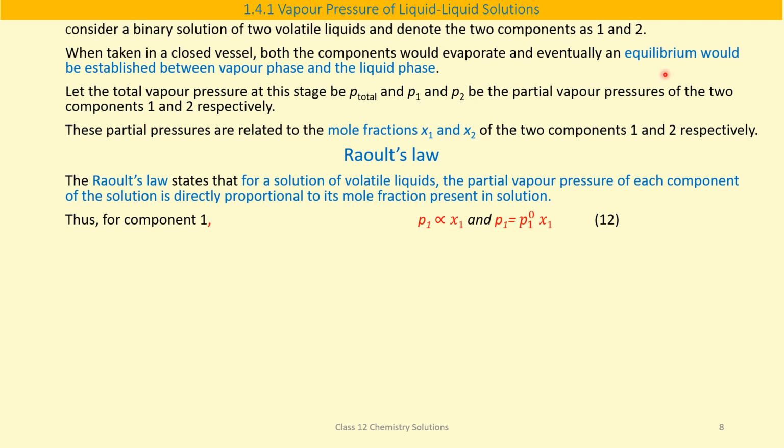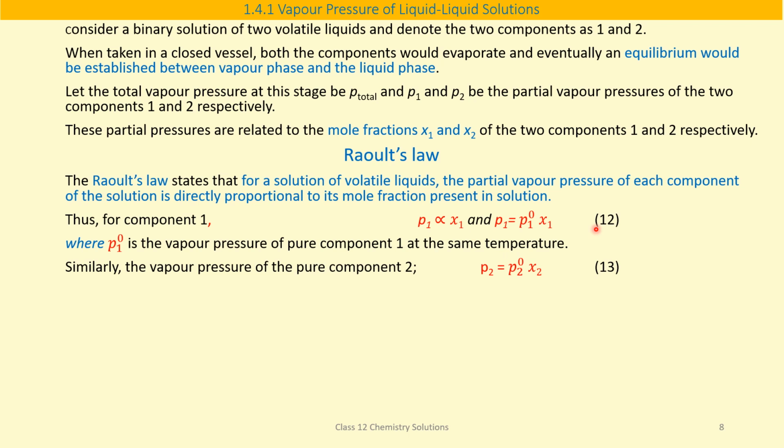Thus, for component 1, P1 is directly proportional to x1, where x1 is the mole fraction of component 1. And P1 equals P1 naught x1. Let it be equation 12, where P1 naught is the vapor pressure of the pure component 1 at the same temperature.